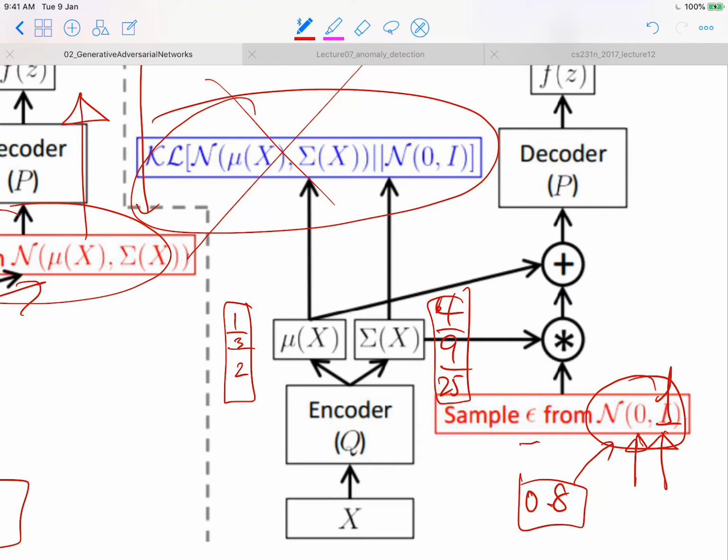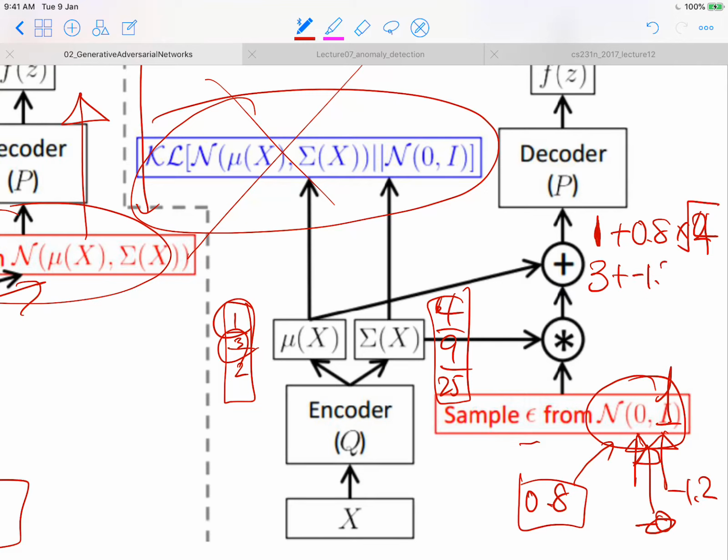Okay, so once we obtain this random sample to add as noise to the first dimension, our activation map is like 1 plus 0.8 times, maybe 2, square root of 4, okay? And then the second one is 3 plus, for the second random sample we obtained maybe -1.2, and then -1.2 times, for example, 9.